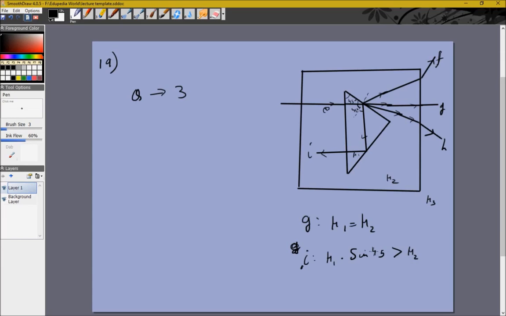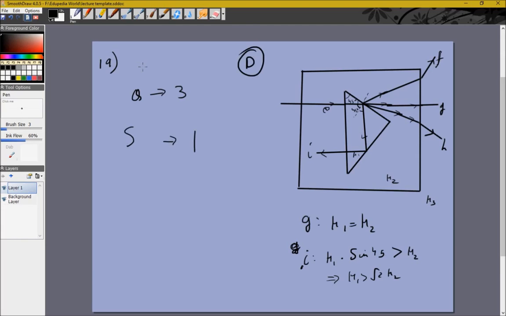In which case mu1 has to be greater than root 2 mu2. If this is the case, mu1 sine 45 will never be mu2 sine theta for any theta, right? So mu1 greater than root 2 mu2, which is 1. So S goes to 1. From that you can directly see that option D is correct, but we'll do the other ones also, obviously.